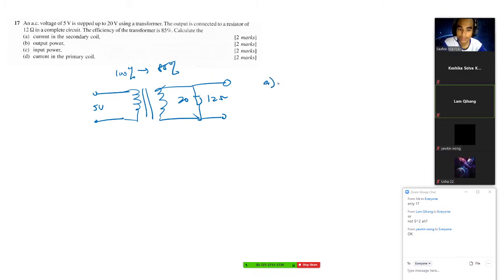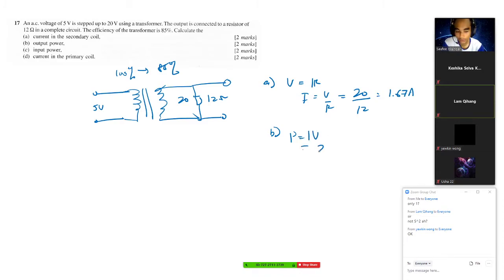So current in the secondary coil, we have V equals to IR, okay, Ohm's law, and I equals to V over R. So we have 20 divided by 12. So we have 1.67 ampere. Very easy. Question number B, output power. P, power equals to IV or VI.